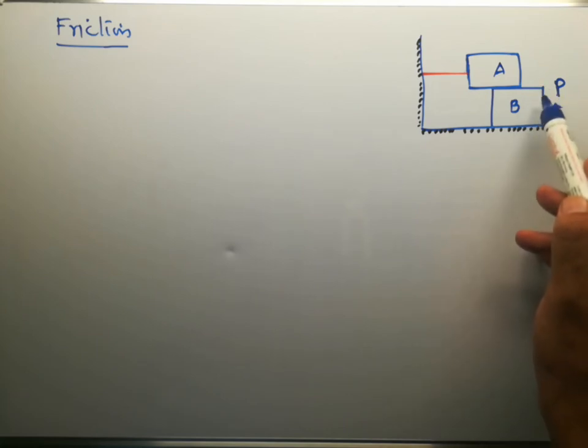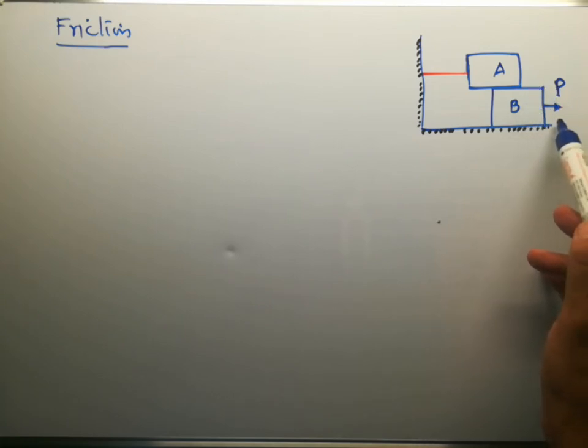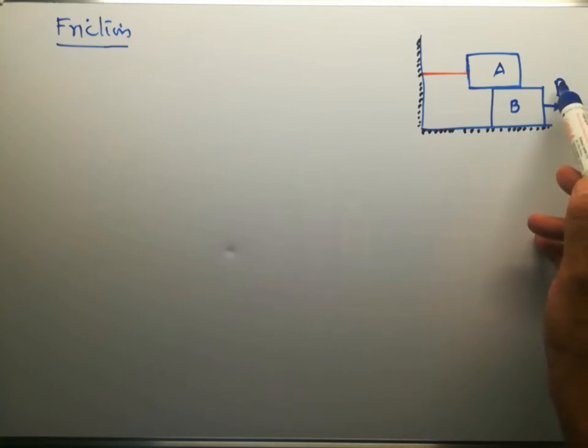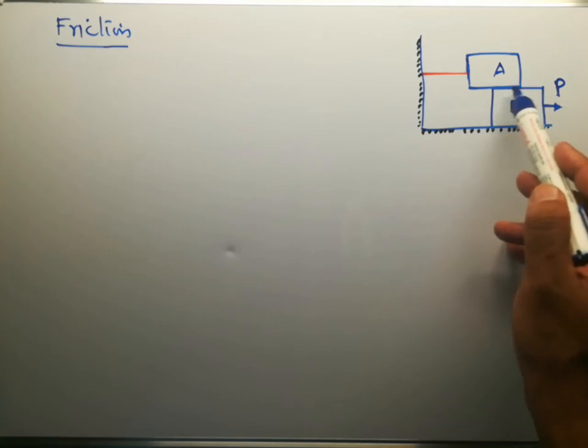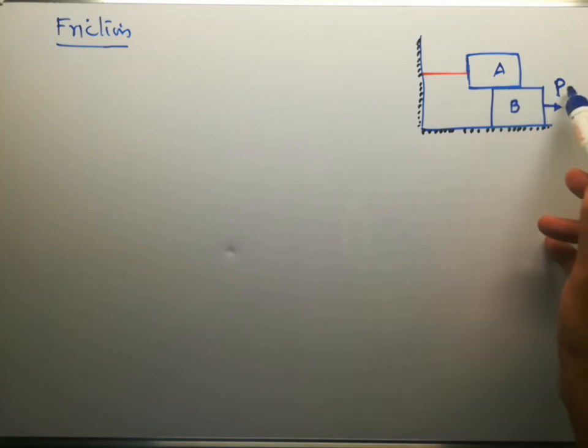on this body, the frictional force will be acting in this direction at this contact surface, and also at this contact area there will be a frictional force in this direction.